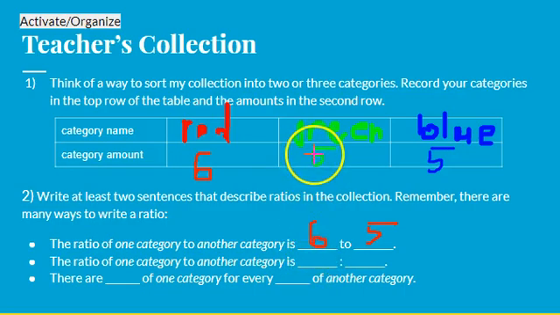I could also talk about how there are 5 green to 5 blue. And on this one, it really doesn't make too much difference which one you would say first, right? Because they'd be the same, but it could be important. Whichever one that you list first is the one that you're going to say first. Whichever one that you list second is always going to be the one that you say second.